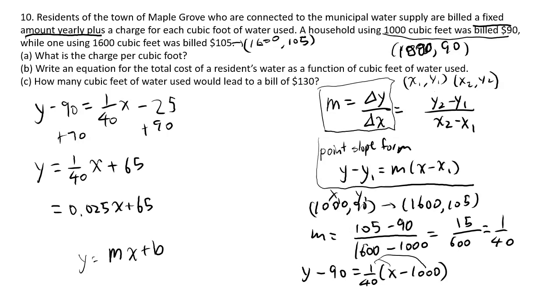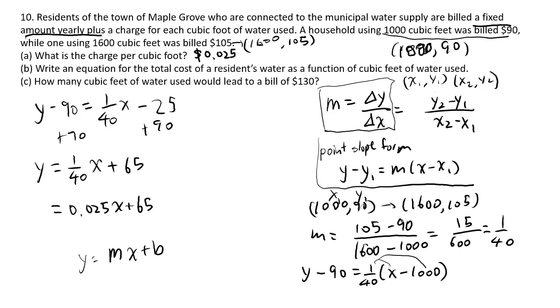And now you see that 65 is the yearly basic charge, and for every cubic foot you're being charged 2.5 cents. So the charge per cubic foot is $0.025, and that's the slope that you have.